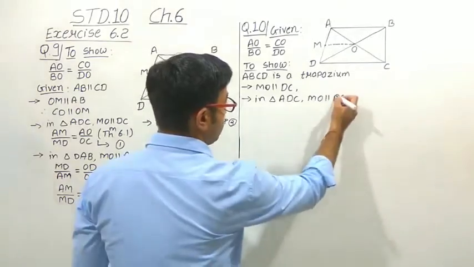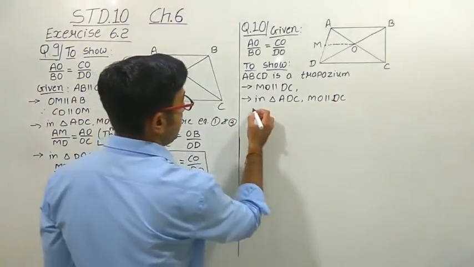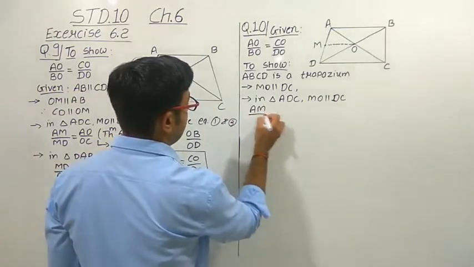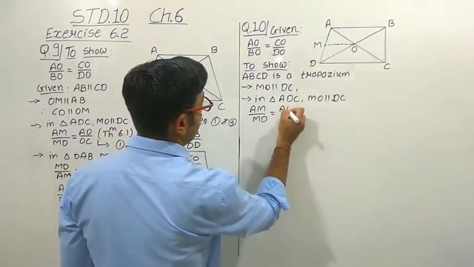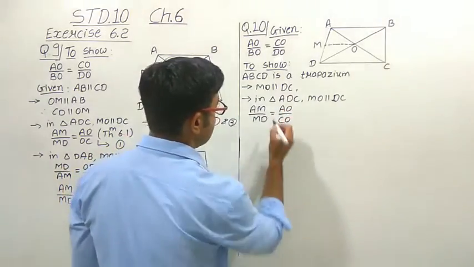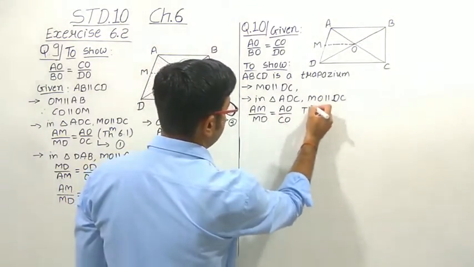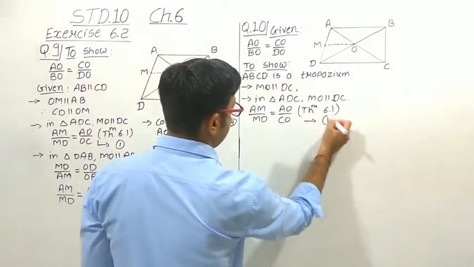So according to theorem 6.1, we can write down that AM upon MD is equal to AO upon CO, right? AO upon CO according to theorem 6.1. Give it equation number 1.